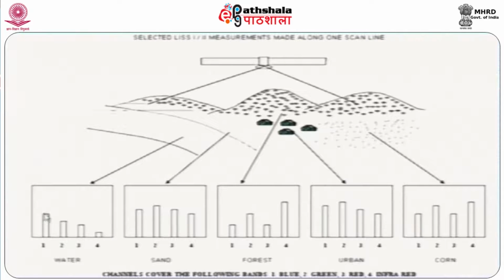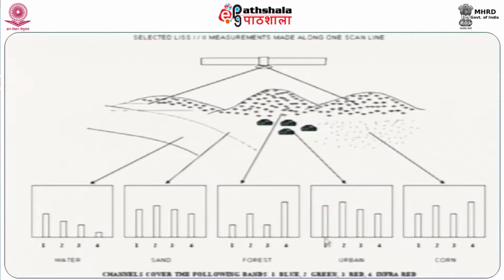As you see here, blue, green, red, infrared, as far as water is concerned, it is dipping, and once it reaches NIR, it almost gets zero reflectance. When you talk about sand, it is invariably similar in nature. When you talk about forest, green in color, as you all know, blue has less reflectance, green greater reflectance, again red lesser, infrared is huge or massive rather.